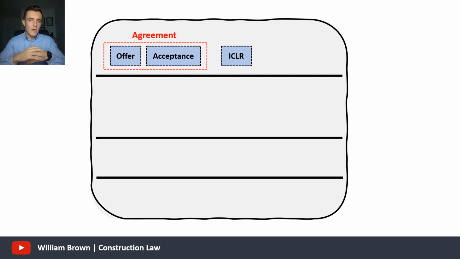That would quite often be the case in a domestic arrangement, say for instance between a husband and a wife or flatmates, where they make some sort of agreement between themselves, but there is never any intention for that agreement to be legally enforceable, where the husband could take the wife to court or vice versa, or the flatmates could sue each other if one doesn't do the dishes every other Monday evening. So if there's no intention there, there can be no contract.